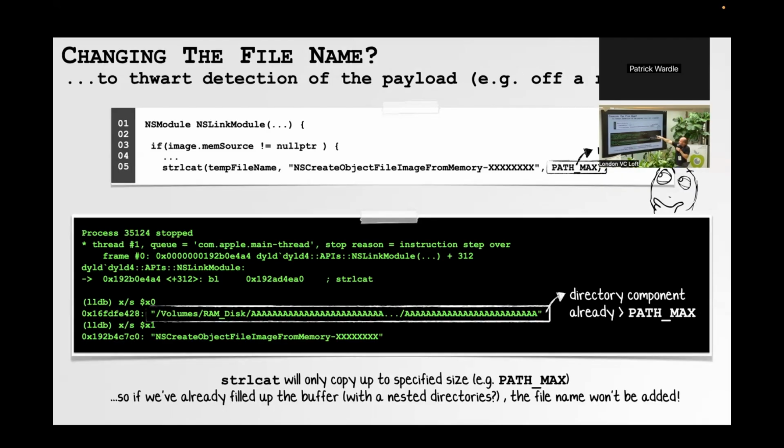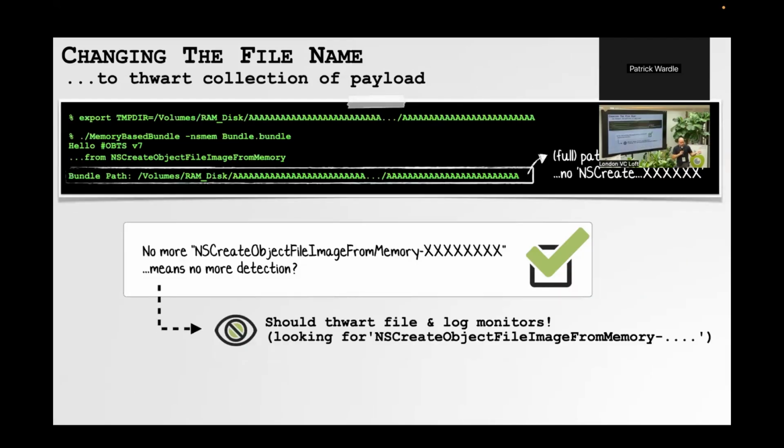Since NSCreateObjectFileImageFromMemory is only used in the file name, if we have a very long directory, we can essentially prevent that from being added to the file name in the first place, creating a file whose name doesn't have that hard-coded value anymore that security tools are looking for.